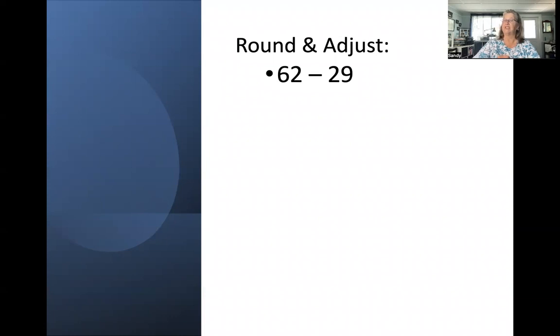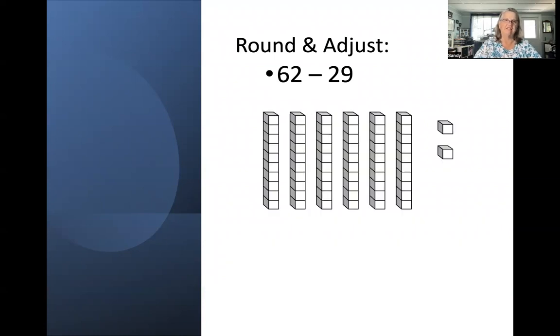Haven't. I might have given 3 dimes or the equivalent of 30 cents and hope that they give me back the correct number of pennies, right? So that's what round and adjust is about. It's that I can remove more than I have and then adjust. Okay, so if I'm doing 62 minus 29, I might be able to remove 30 and give back 1.